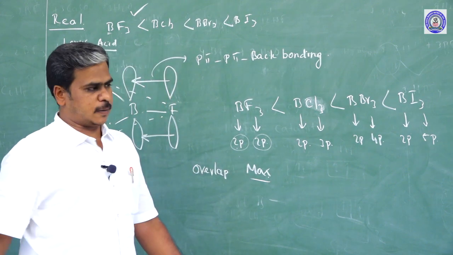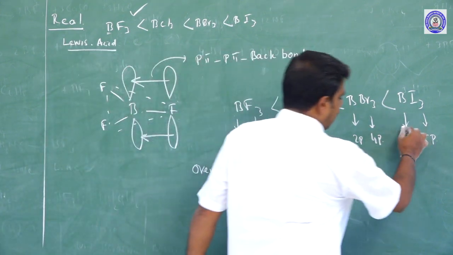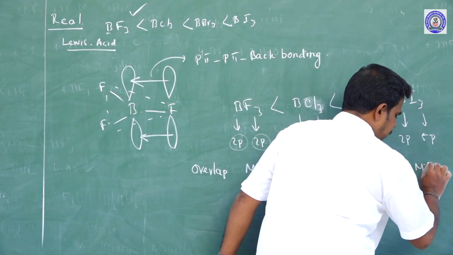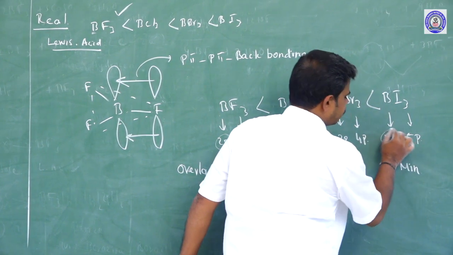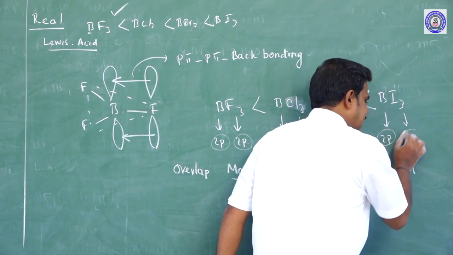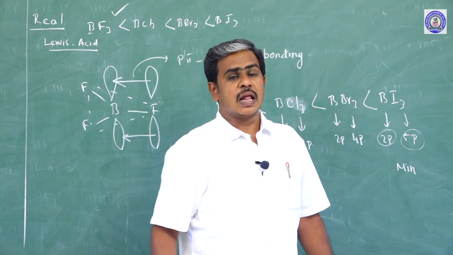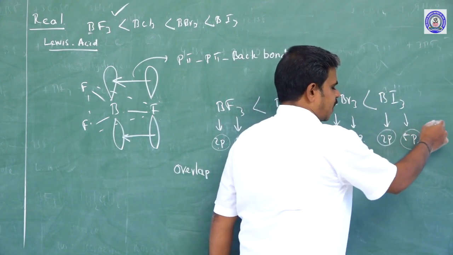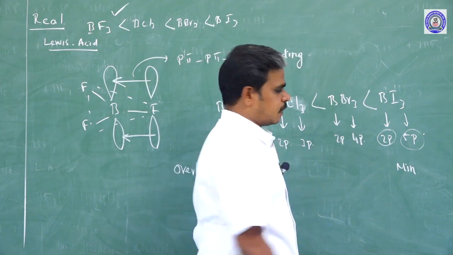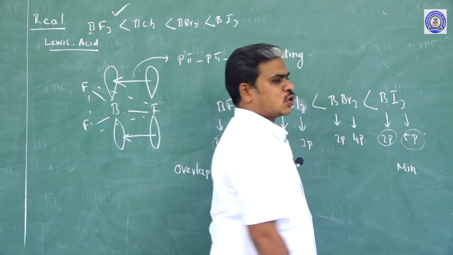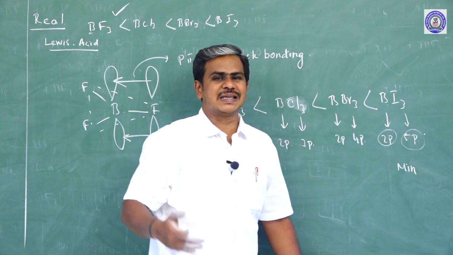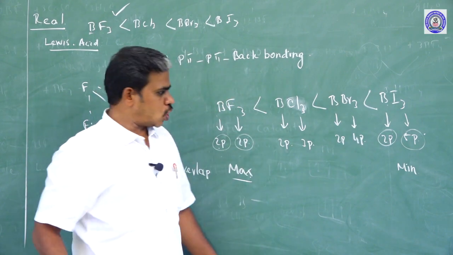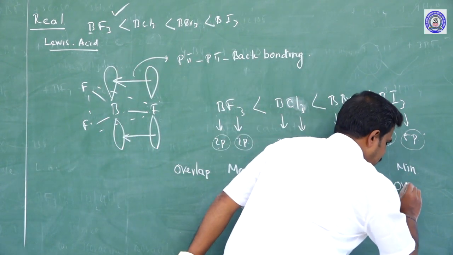The overlap is minimum because the 5p orbital of iodine has the biggest shape and the 2p orbital has the smallest shape, so overlap does not occur properly.